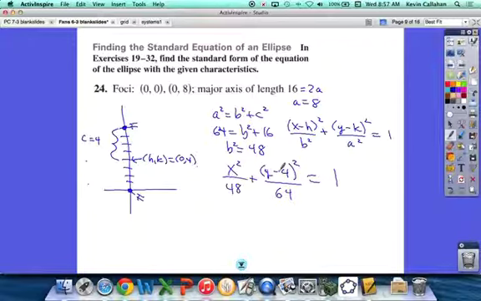Okay. I think these ones don't actually ask you to graph it. All they ask you to do is come up with the standard form of the equation, but you'll probably find it useful to sketch a little bit so you can tell what's A, what's B, and what's C.